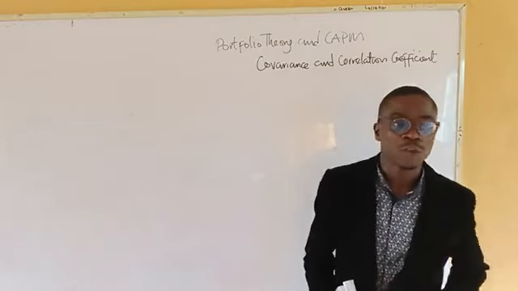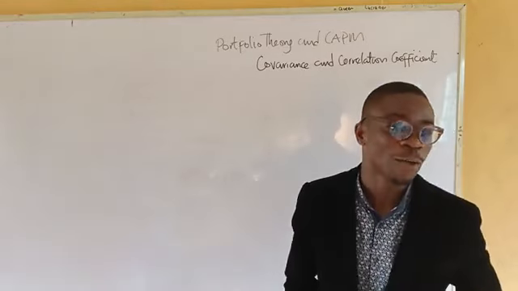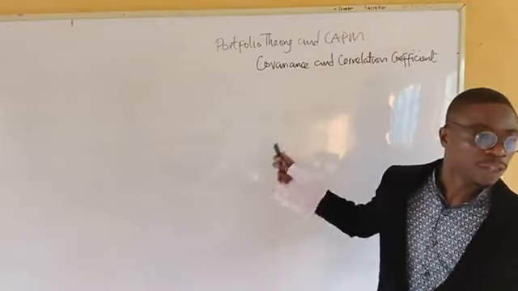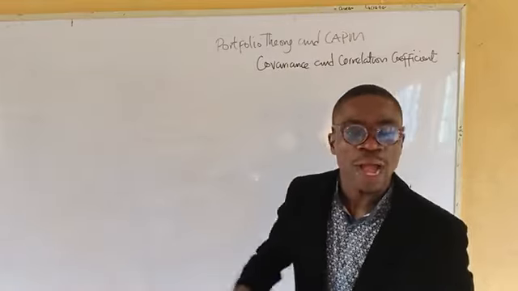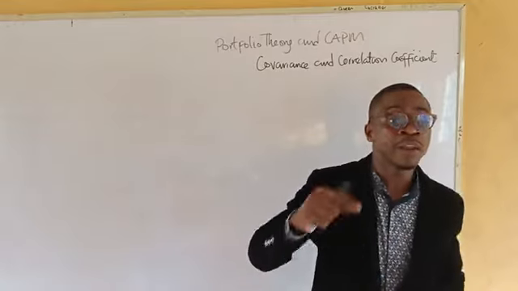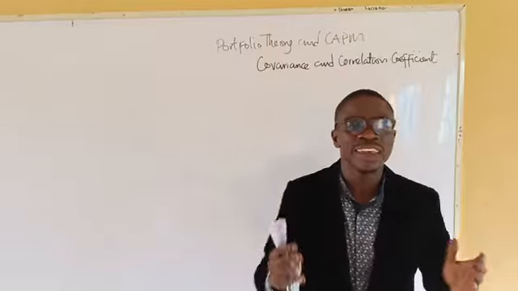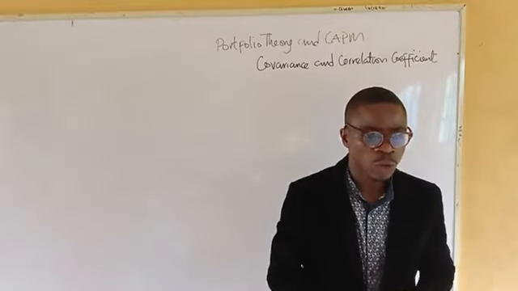Now, when we talk about covariance and correlation coefficient, we are getting there as well. It's different from risk and return now. Are we together? The reason why you are calculating covariance and correlation coefficient is to look at the relationship between 2 variables. Look at it now.